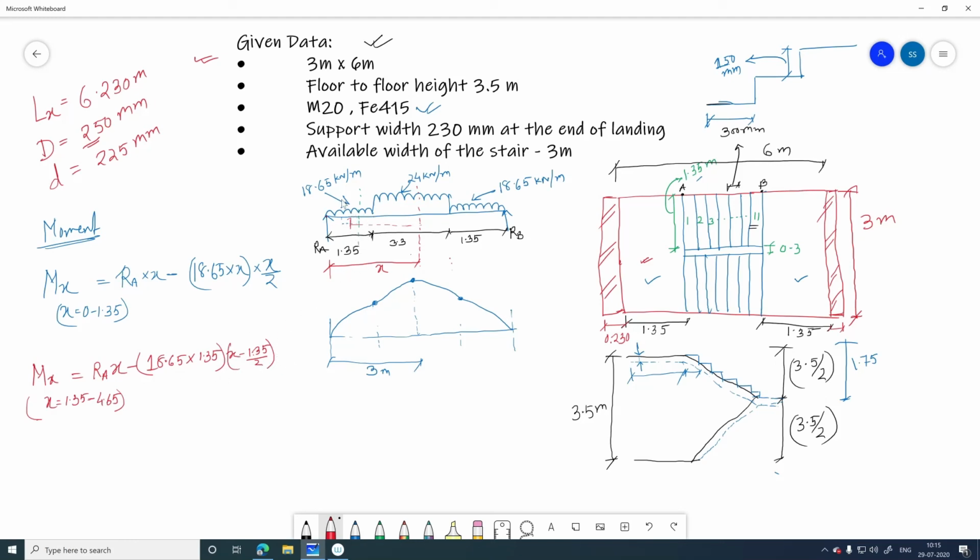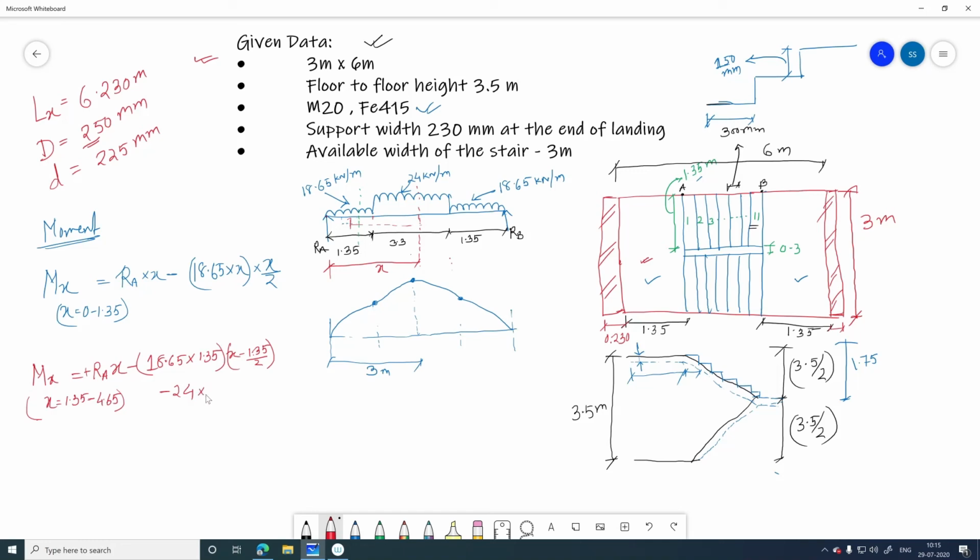Now this load we have considered, now we are interested in this load. So minus 24, because this is downward, that is why I am giving a negative sign, and RA is upward, that is why it is positive. So 24, and it is acting from here to here, up to this portion.